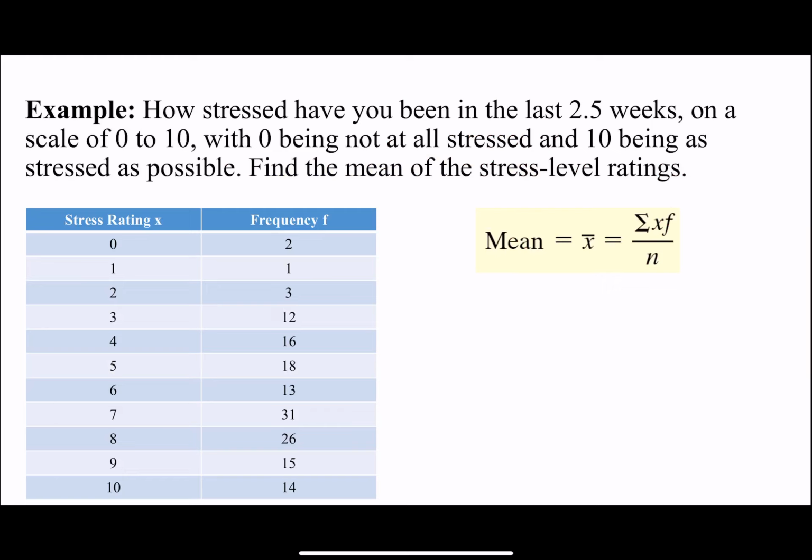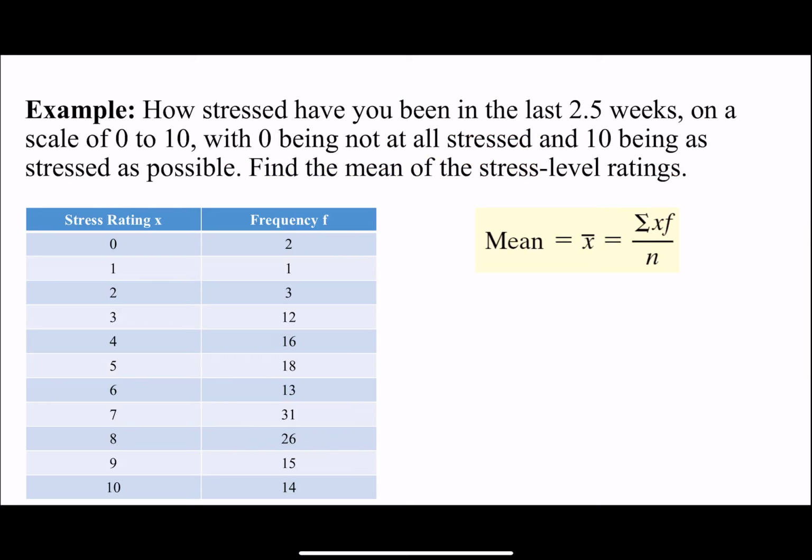We have asked some students, how stressed have you been in the last 2.5 weeks, and just rate it on a scale of 0 to 10, 0 being not stressed at all, and 10 being as stressed as possible. And here are the data that we have.